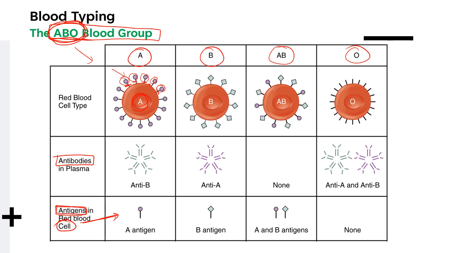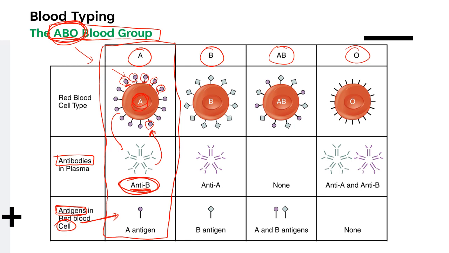The second is that you need to know that a person who has A blood, or A antigen in the red blood cells, will have in the plasma anti-B antibodies. Again, antibodies are specific for antigens. So you can see here that this antibody, anti-B, is specific for B antigens. Therefore, because this patient has this anti-B antibody, this antibody will not react with this antigen, which is A, because they do not match.